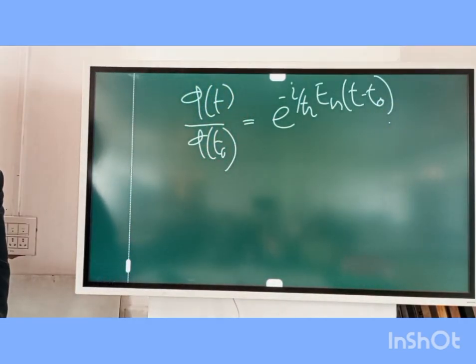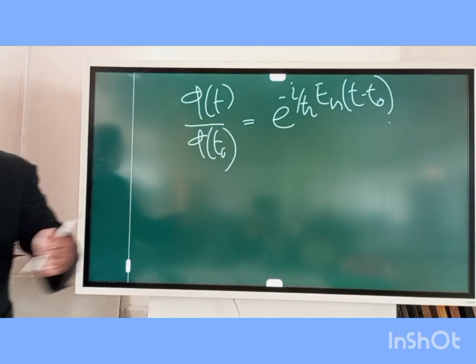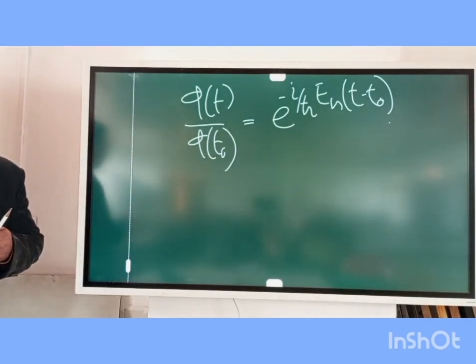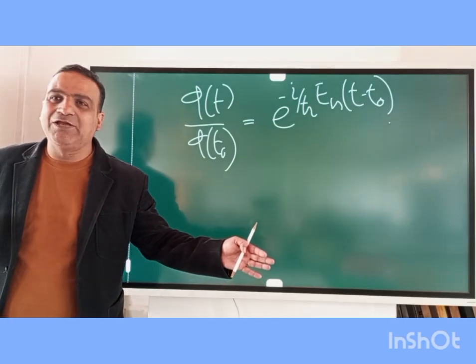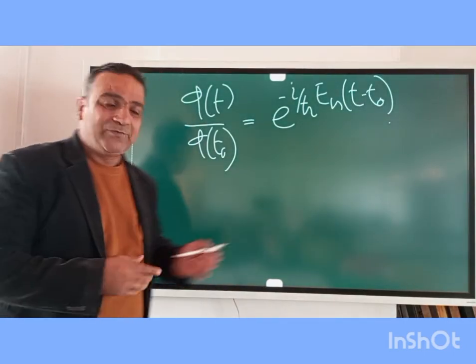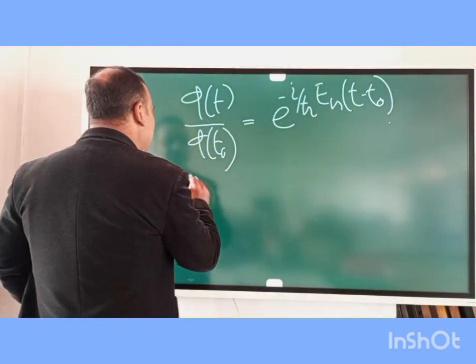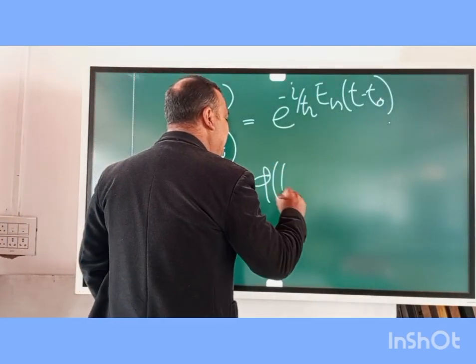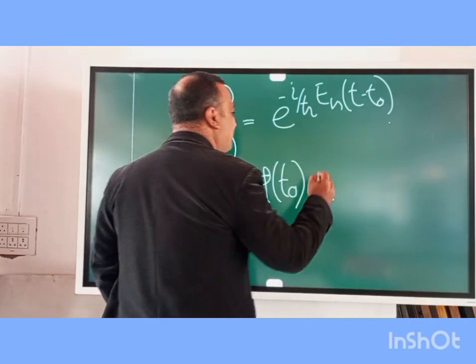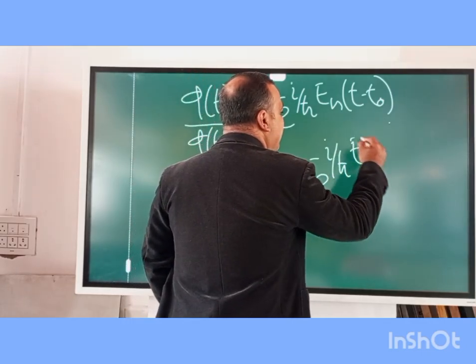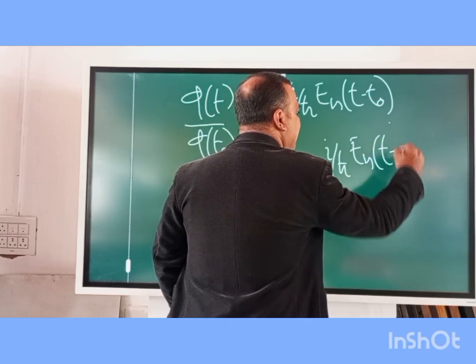Are you feeling something? That you have a future time and you have some initial time, and between these two times you have an operator. You have some exponential function. So I can think of this φ(t) as φ(t₀) times e to the power of minus i/ħ Eₙ (t minus t₀).